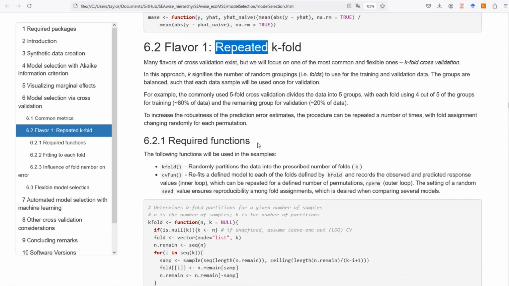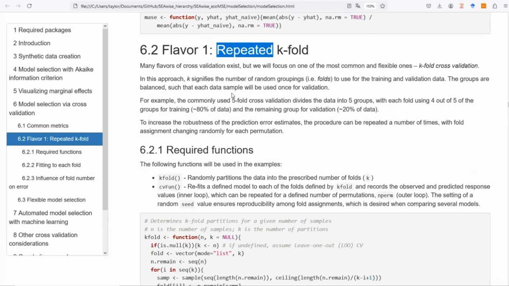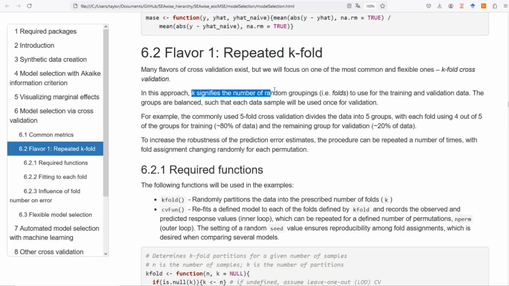So in this example, the k signifies the number of random groupings, which we're going to call folds, to use for the training and validation data. The groups are balanced such that each data sample will be used once on the validation side. So it'll be used for k-1 fittings, and it'll be used once as a validation set.